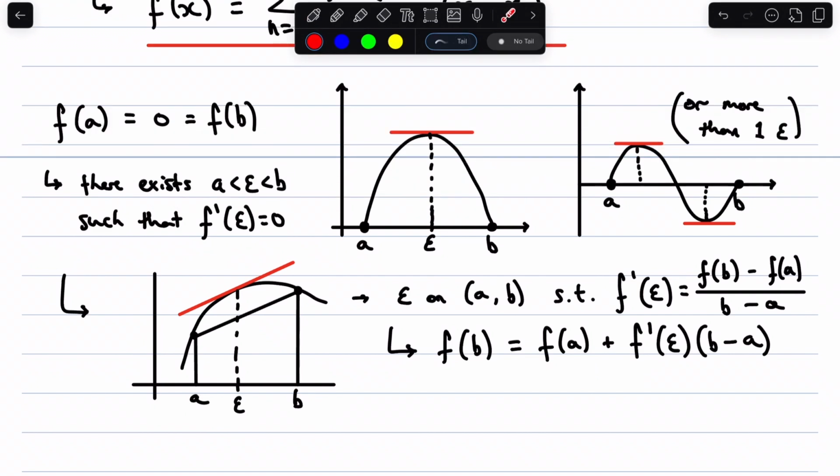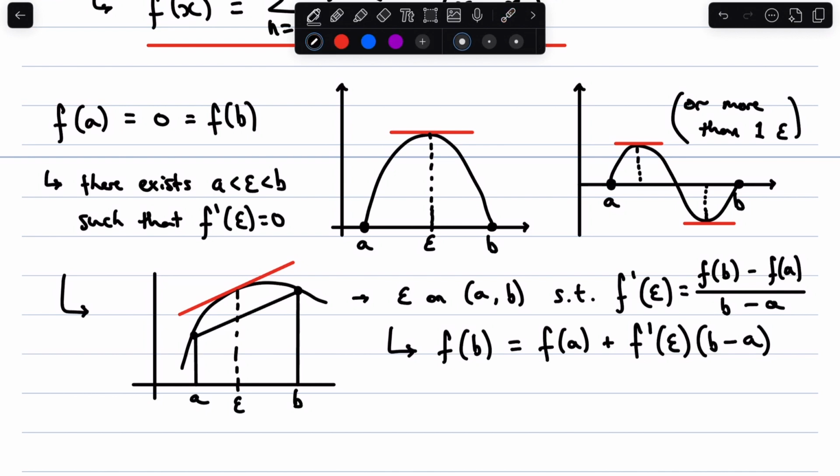Perhaps unnecessary, but I think it's an interesting way to look at this, and feel free to skip ahead to the next portion of the video. But if you want another way of seeing where this Taylor series might come from, let's look at this function here, and say a and b are both points where the function is 0.